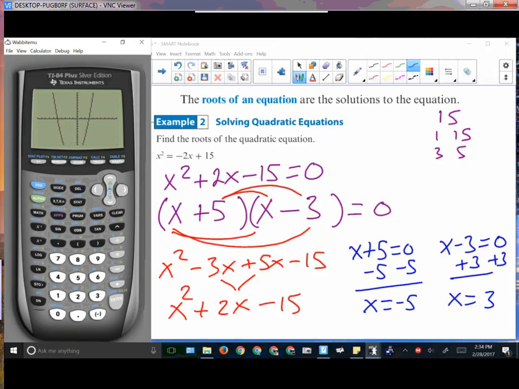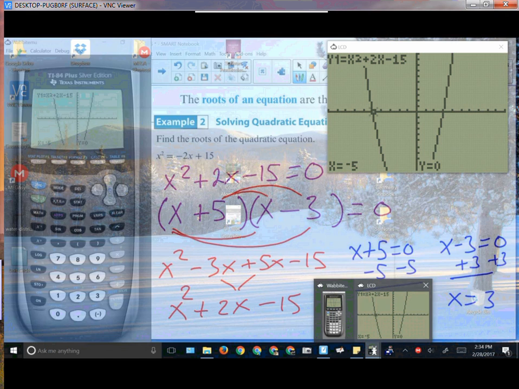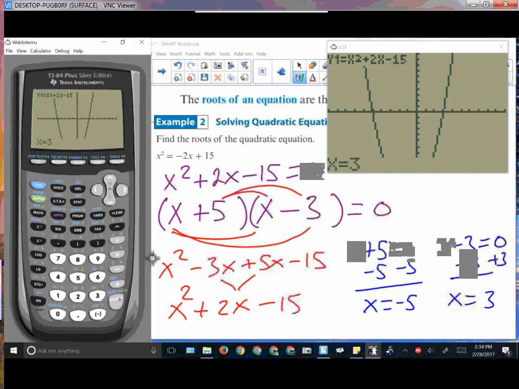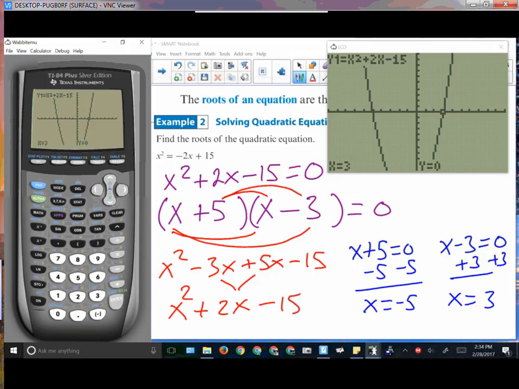Does it go across the x-axis? Yes. If it goes across the x-axis, y is 0. So, trace, let's put in negative 5. Negative 5. It's a 0. It works. If I go and put in the 3, I also get 0.